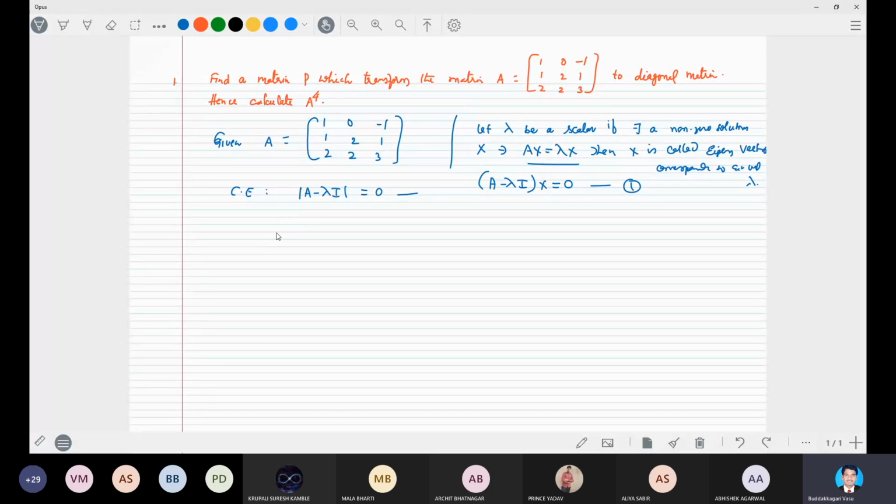What is its characteristic equation? Can anybody find out? Lambda cube minus 6 lambda square plus 11 lambda minus 6 is equal to 0. You know that it has the roots 1, 2, 3, right?